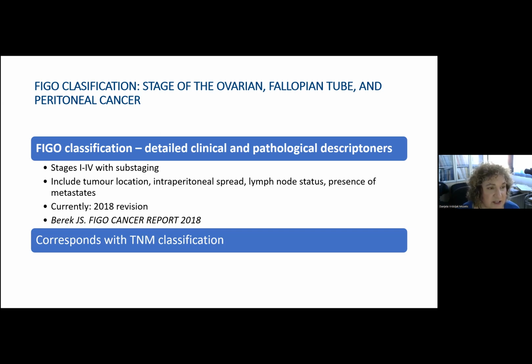It has stages 1 to 4 with substaging and includes tumor location, intraperitoneal spread, lymph node status, and presence of metastasis. Currently, we use the 2018 revision. It corresponds with the TNM classification, but in our country, our clinicians are used to using the FIGO classification.